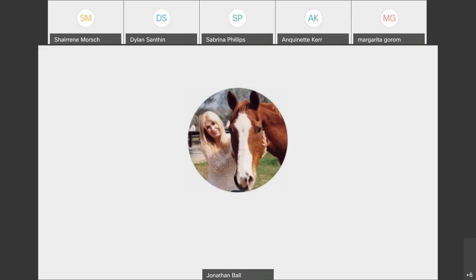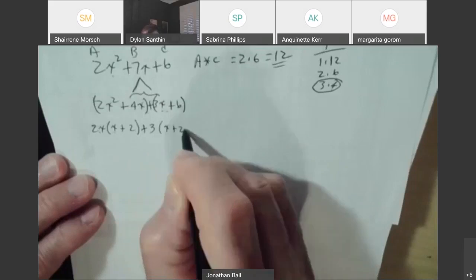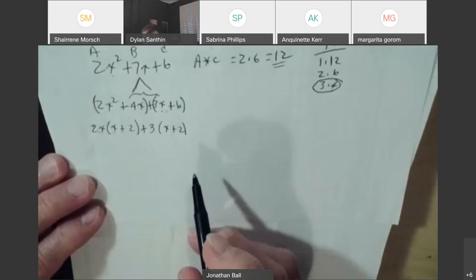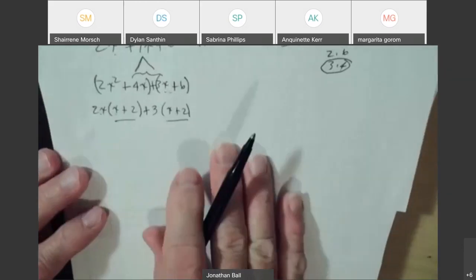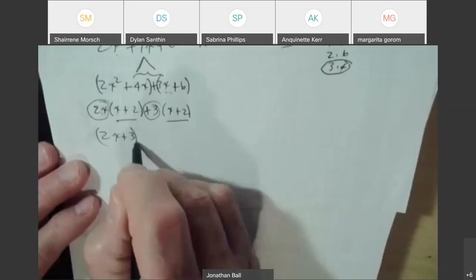And what can we factor out of this? 3. X plus 2. Remember from a couple weeks ago, these two terms have to be the same. If they're not, something's wrong. So now we take 2x plus 3 times x plus 2. And that's all there is to it.